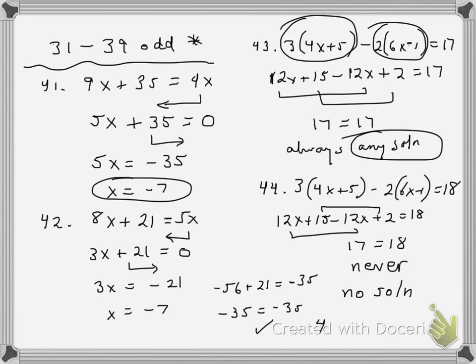I want you to check on 45 through 50. You don't have to do them on paper, but make sure you know how to do those. Come and ask any questions. Let me just review 45 with you. The property for that one, negative 1 times s equals negative s. That's the identity property of multiplication.